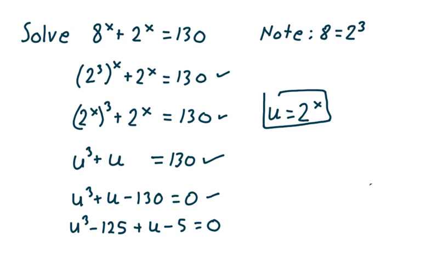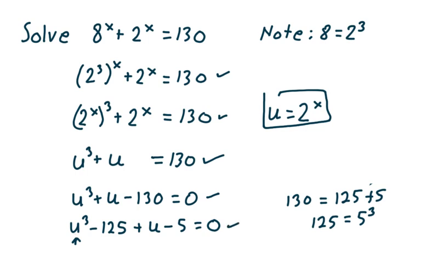Now, remember that 130 is equal to 125 plus 5, right? But 125 is equal to 5 cubed. And so that's what made me think of breaking 130 up in that way. Because now look at what we have on the next line.